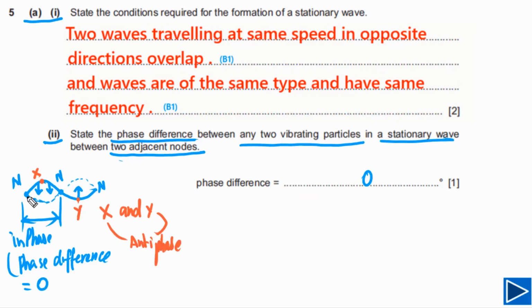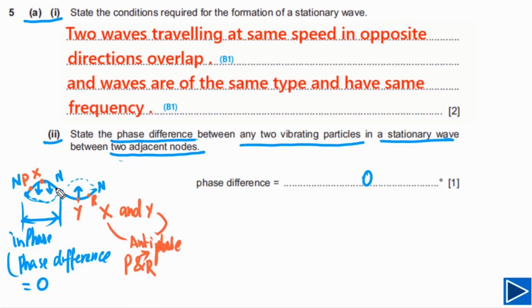If we take other particles, for example, let's say this particle is P, and we take another particle, let's say at this point, this particle is R. So P and R are also in antiphase.